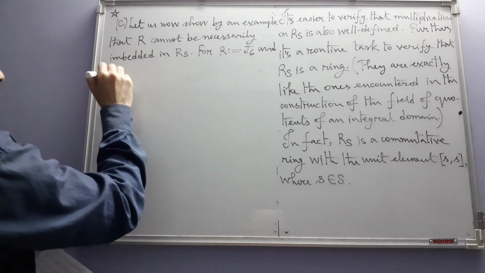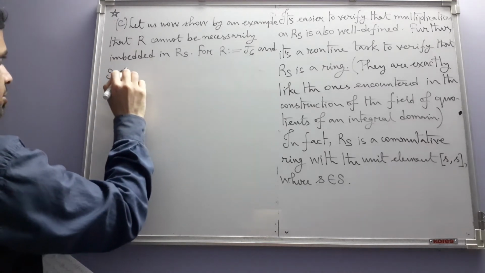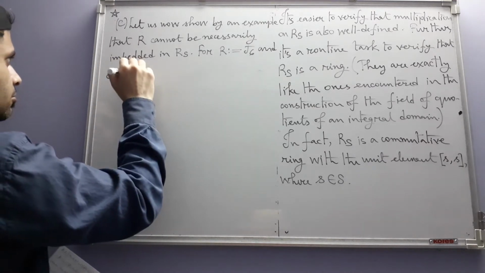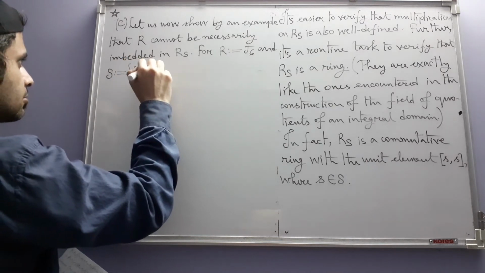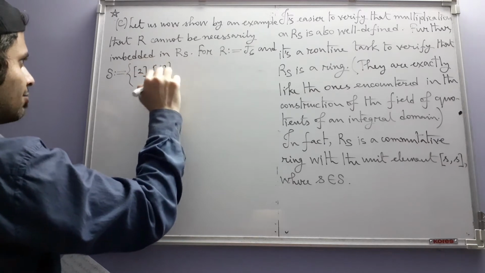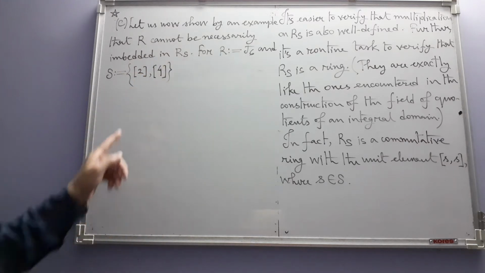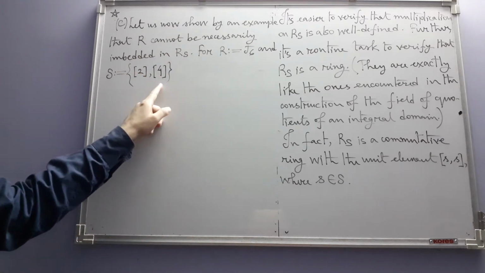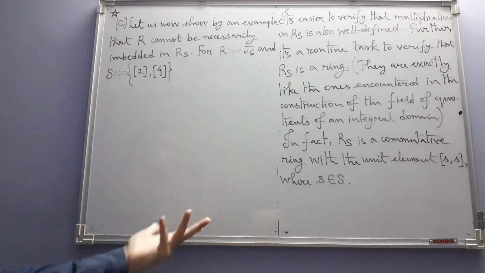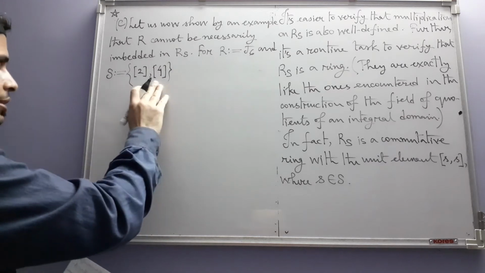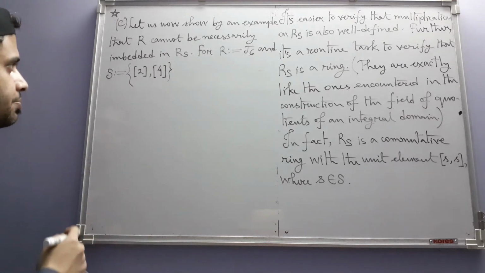And what about the multiplicative system? It consists of these two equivalence classes, one having 2, the other having 4. Remember that these are congruence classes modulo 6. You can verify that this is a multiplicative system.